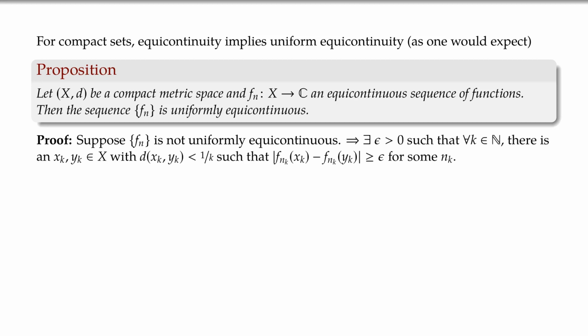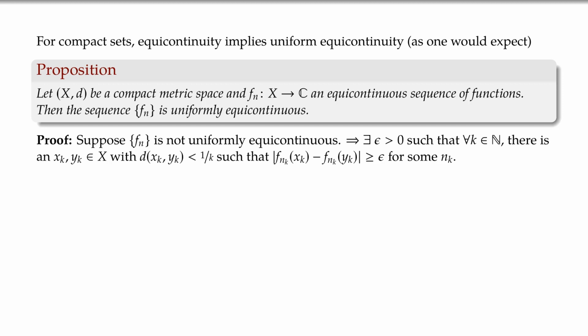And it's basically the same proof as the proof of continuity implies uniform continuity on a compact set. It's exactly the same thing, except now there's this sequencing put into the picture, right?